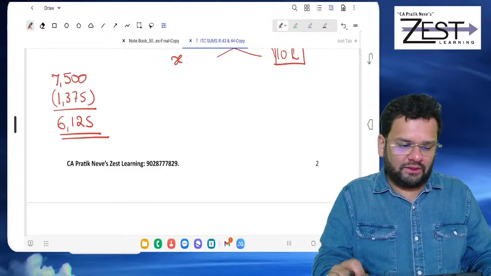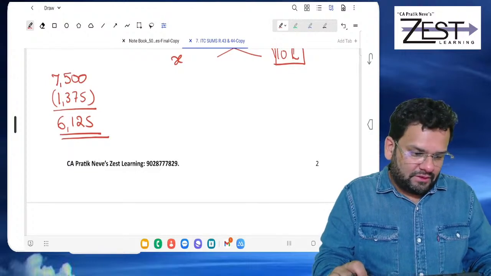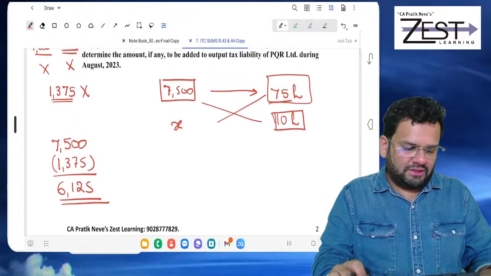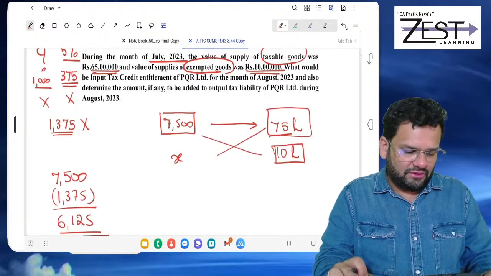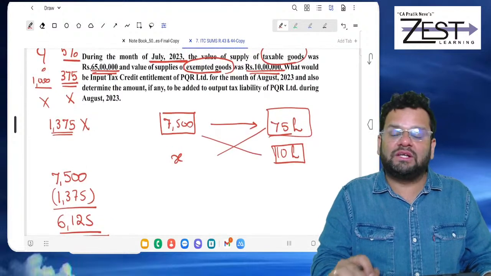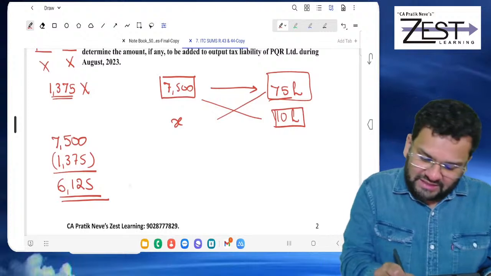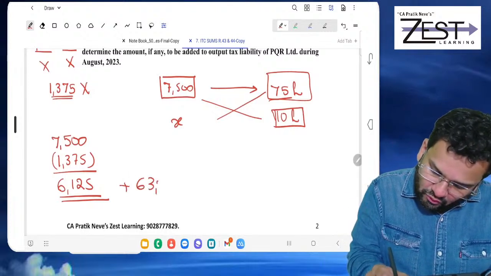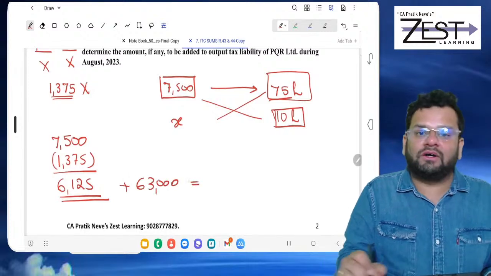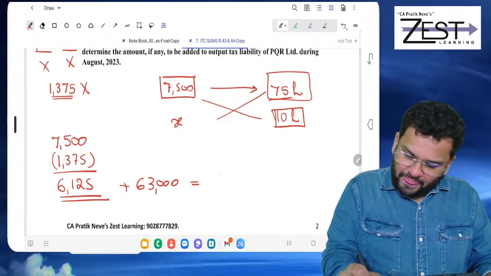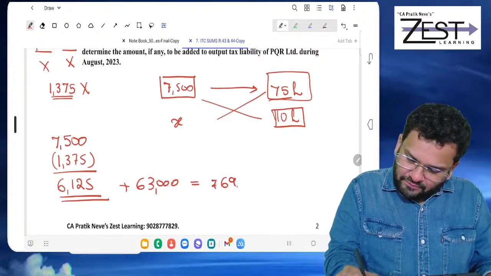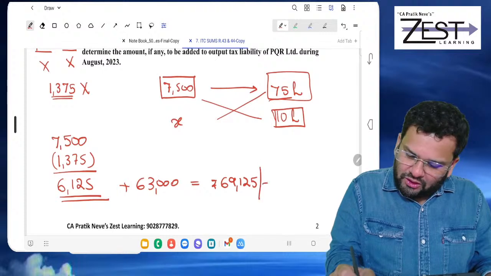Yes, so can you do one thing? 6125 plus 63,000, that will be total allowed, because that 63,000 is allowed to the extent of 100%. So are you getting 69,125?